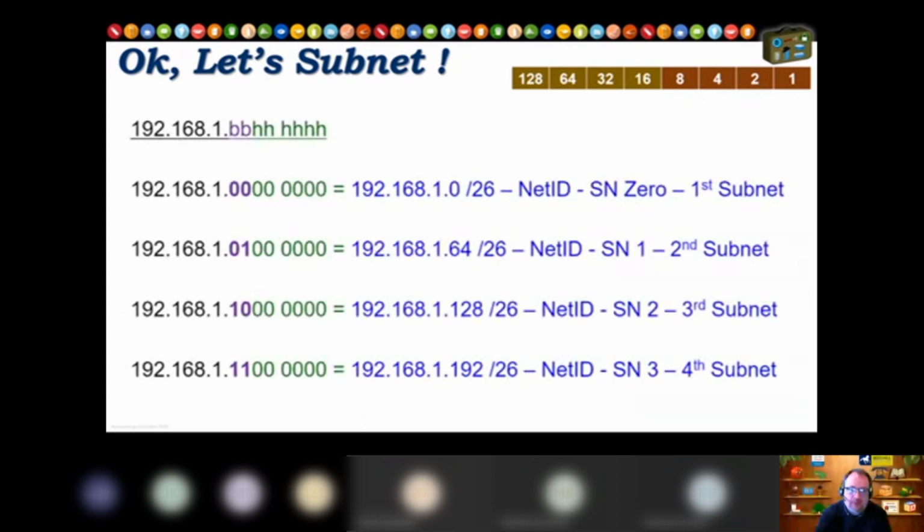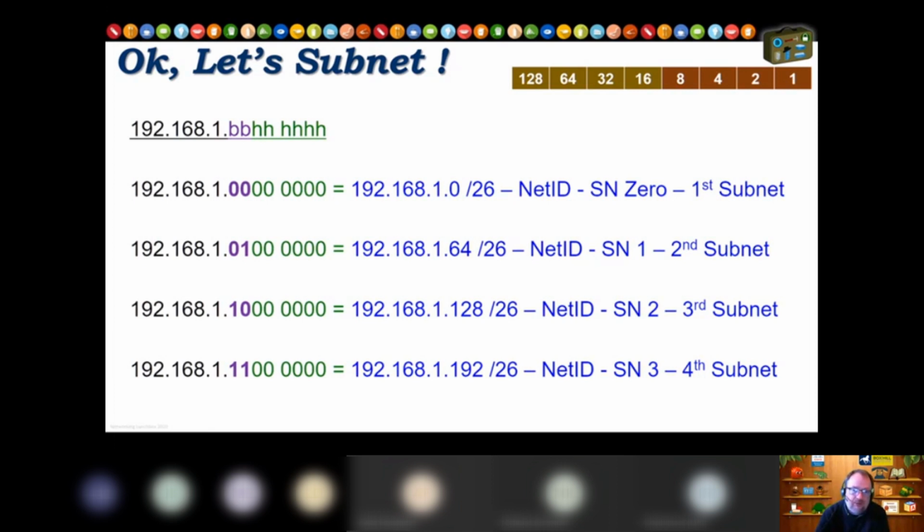So sometimes it's quicker and easier to just calculate all the network IDs. I said this before in the presentation: 0, 64, 128, 192. So therefore, the host range for subnet 0 is 1 to 62. The host range for the second subnet is 65 to 126, because 127 is a broadcast.